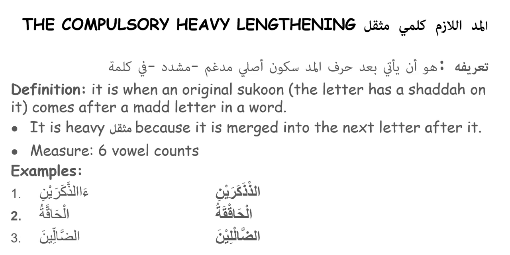So the first dhal having sukun there is what we are referring to as the original sukun, which comes after the mad letter, and the mad letter is the one that comes after the hamza here. Then we have to prolong it for 6 vowel counts.